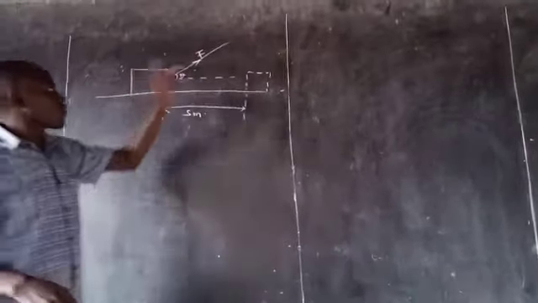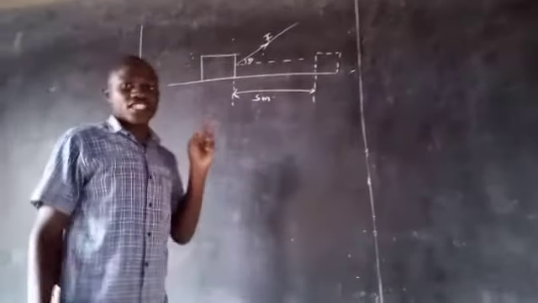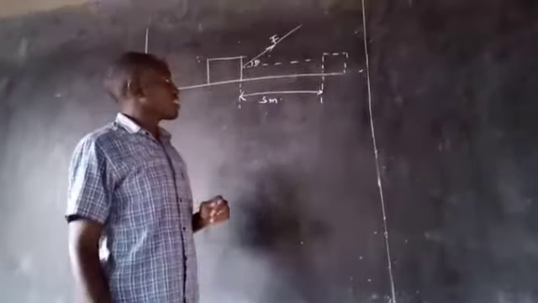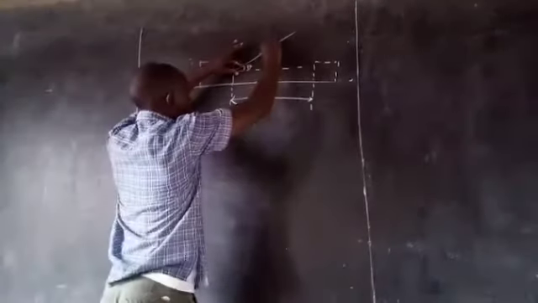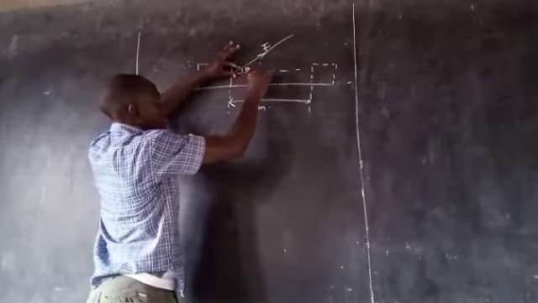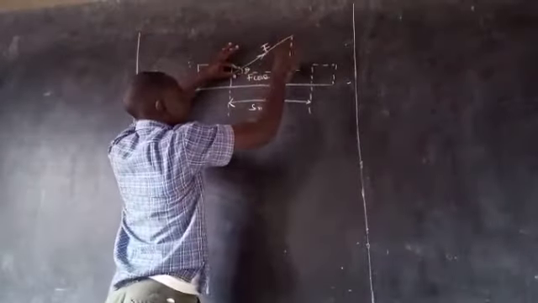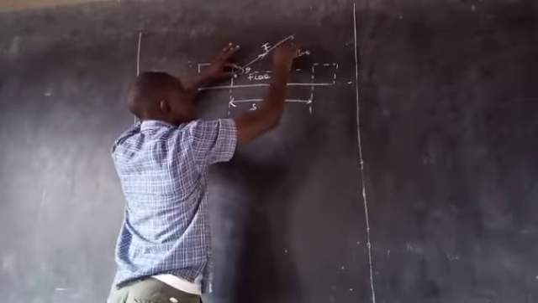The constant force F can be resolved into 2 components which are perpendicular. That is the vertical and the horizontal component. The horizontal component passing through theta is F cos theta, and the vertical component is F sin theta.